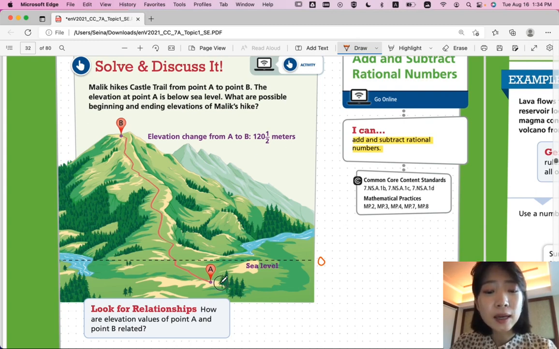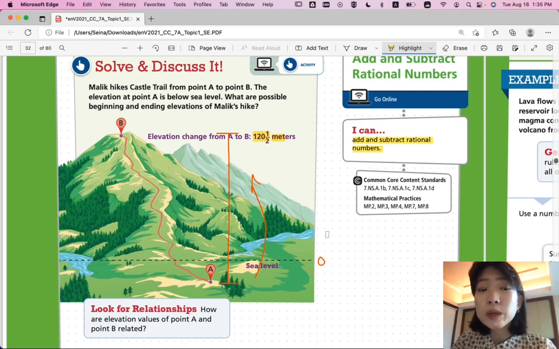So from A to B, the elevation change is 120.5 meters. But we want to know some possible beginning and ending elevations. And they don't tell you.